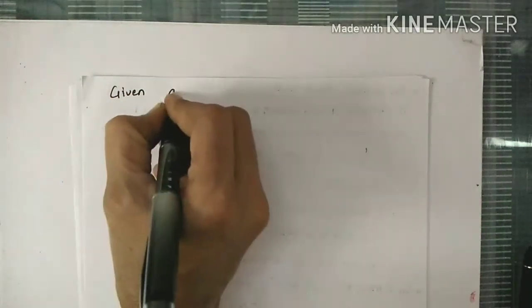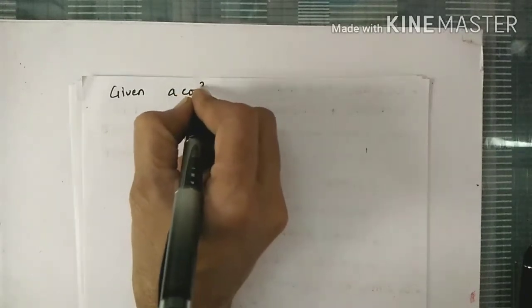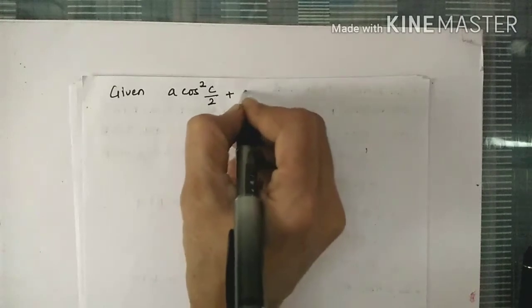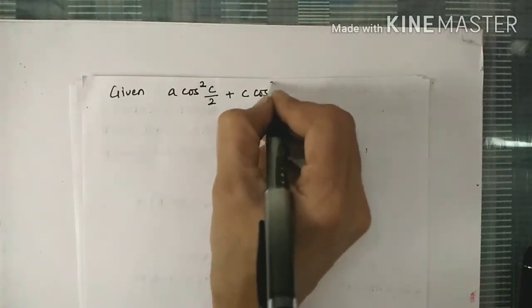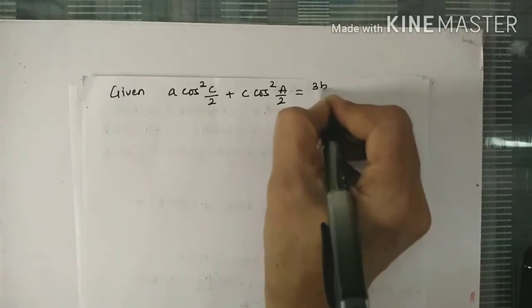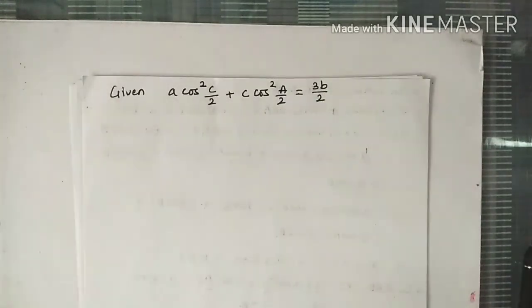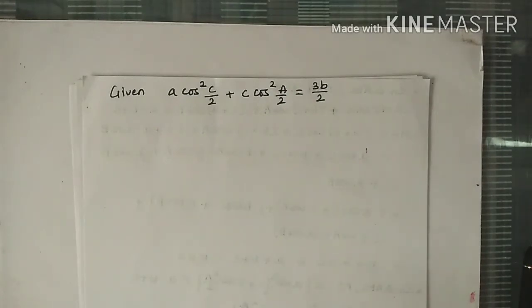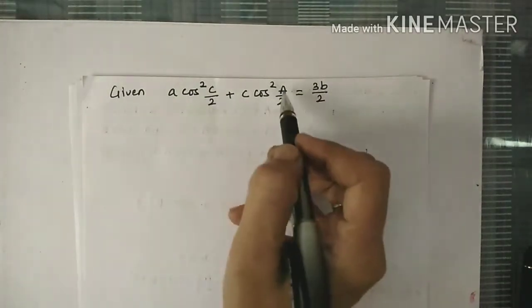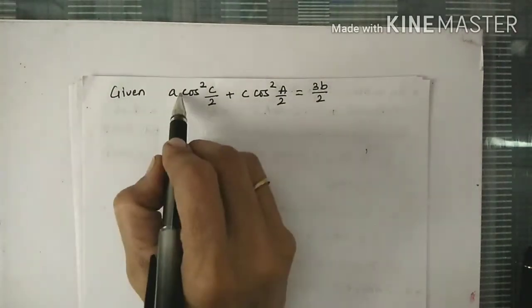So a into cos square C by 2 plus c into cos square A by 2 equal to 3b by 2. But we have cosine rule, sine rule and projection rule all in terms of capital letters A, B and C. So to convert this C by 2 into C, A by 2 into A, we need 2 here.